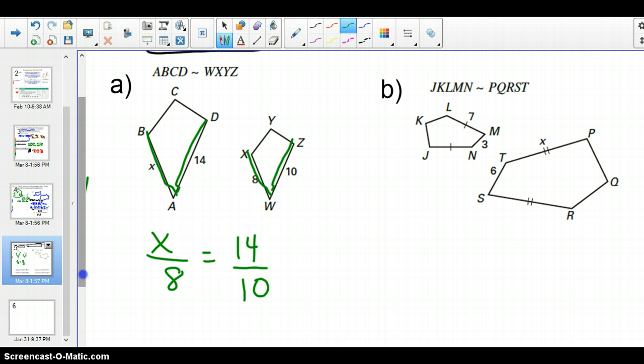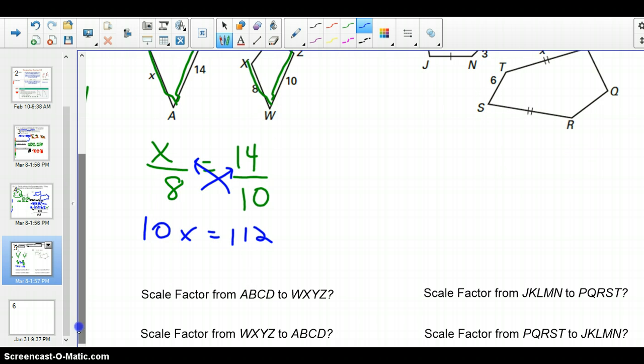Just make sure that you are staying consistent, that if you are putting the longer length on top on one side, then you need to put the longer length on the top on the other side. All right, so solve this proportion. We've been practicing that a little bit. So we've got 10x is equal to 112. So x is 11.2.